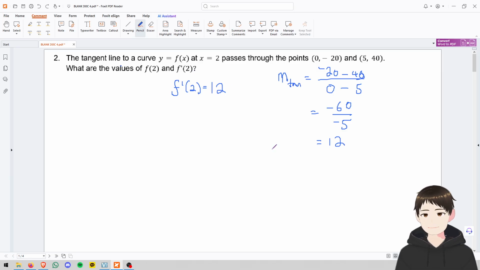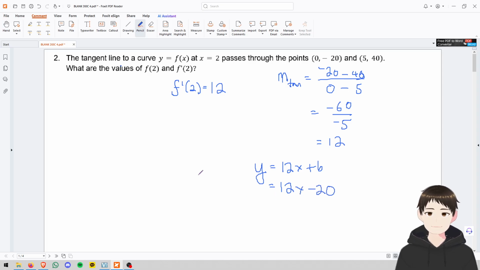How do we solve it? Well, let me figure out the equation of the tangent first before I explain myself. Okay, y is equal to mx plus b, and I'll choose any of these. Specifically, they already give you the y-intercept, so I'm not even going to calculate it. It's 12x minus 20. This line, let's pretend it's something like this. That's the tangent.